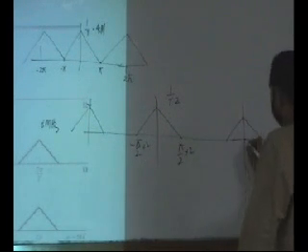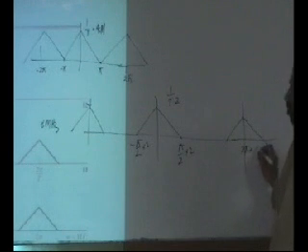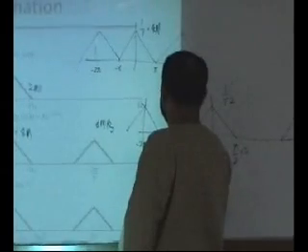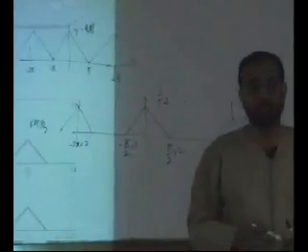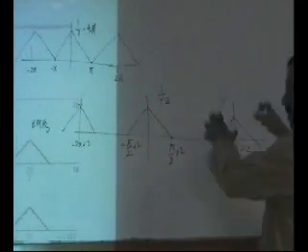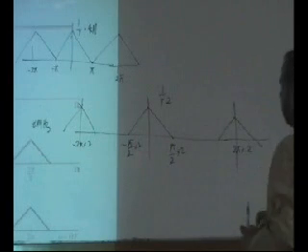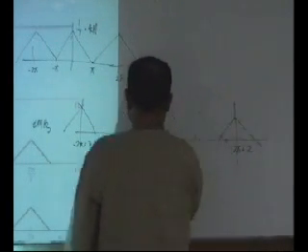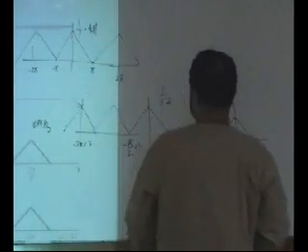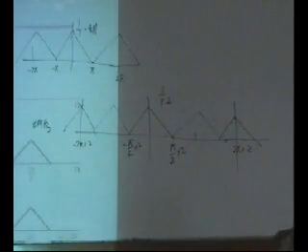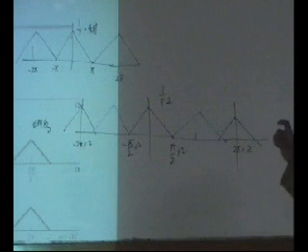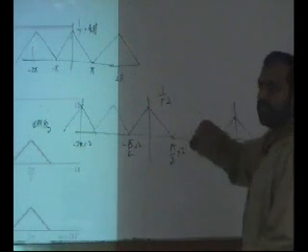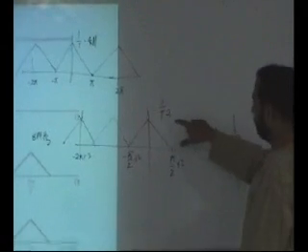But what will happen to 2 pi? 2 pi will go to 4 pi, and what will happen at minus 2 pi? It will go to minus 4 pi. Then there will be another shifted version of the spectrum which will come here at 2 pi. So once you throw away samples, it is equivalent to dividing the magnitude by the rate at which you are decimating.